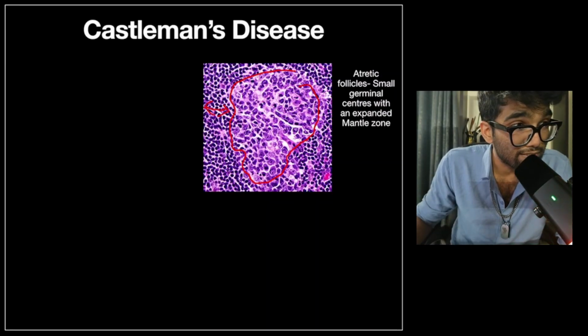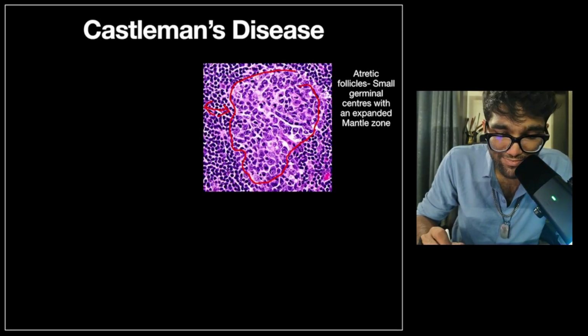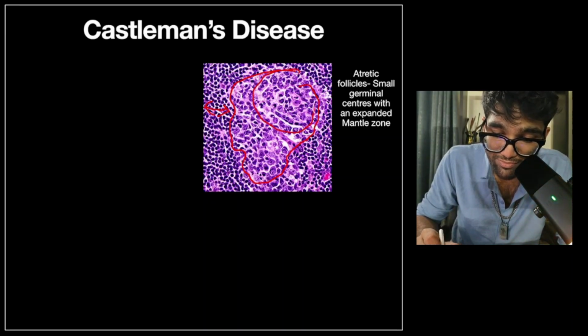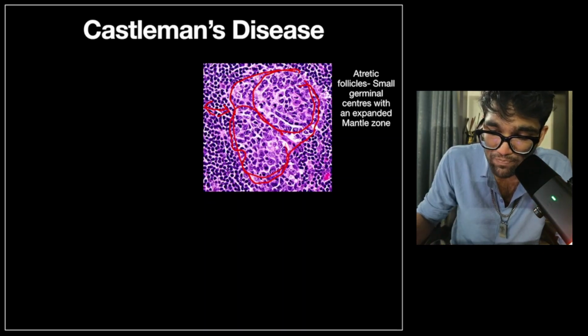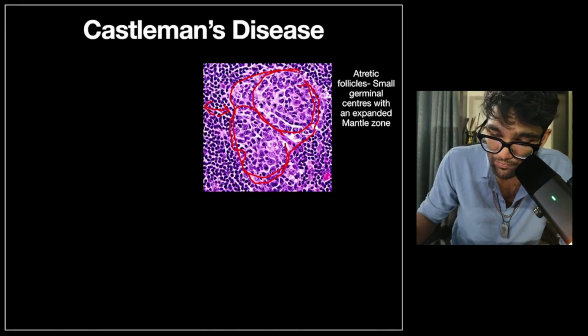Actually, this is not even one small germinal center. This is two very small germinal centers. Okay, so these are small germinal centers, called atretic germinal centers, present within atretic follicles.